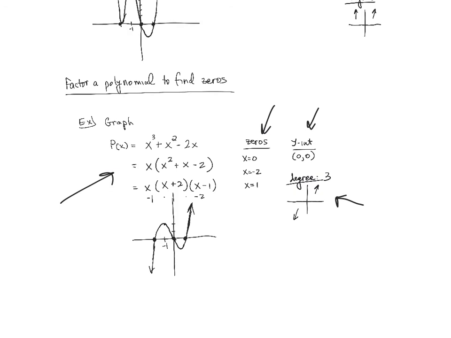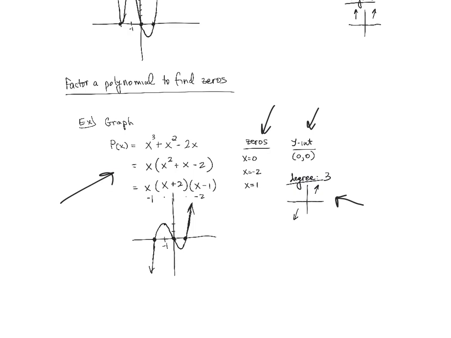So some of the key things here to remember is the degree of the polynomial determines end behavior. If the degree is even, then the end behaviors are going in the same direction. If the degree is odd, then the end behaviors are going in opposite directions. Another thing to keep in mind is zeros are the same thing as x-intercepts, and the zeros come from the factors.